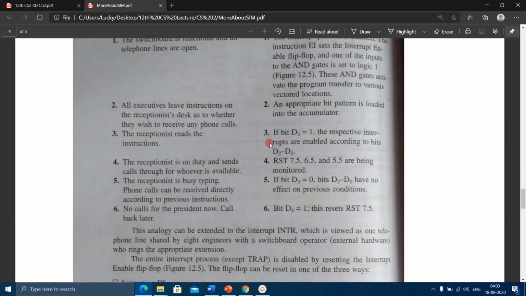If bit D3 is 1, the respective interrupts are enabled according to the bits. An appropriate bit pattern is loaded into the accumulator. Then the receptionist reads the instructions.